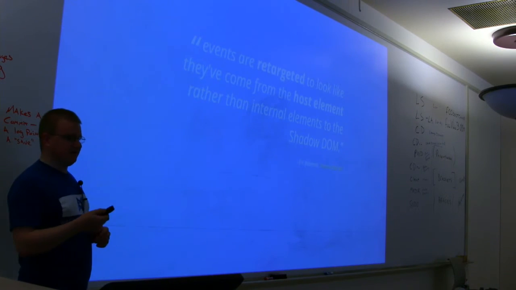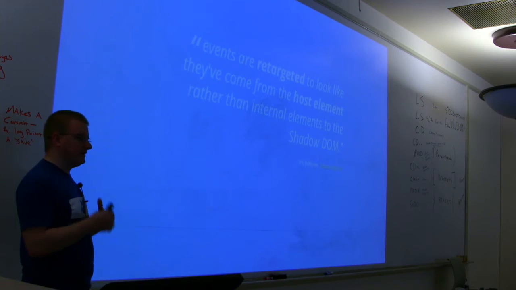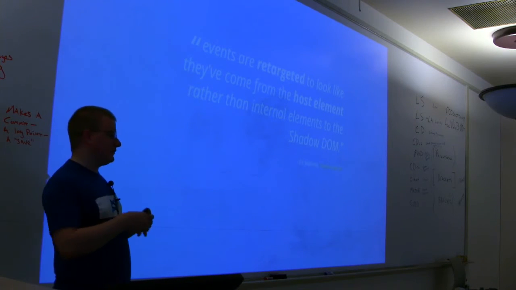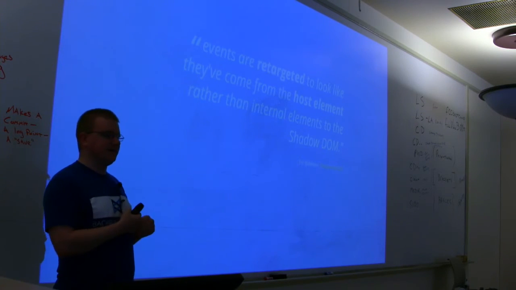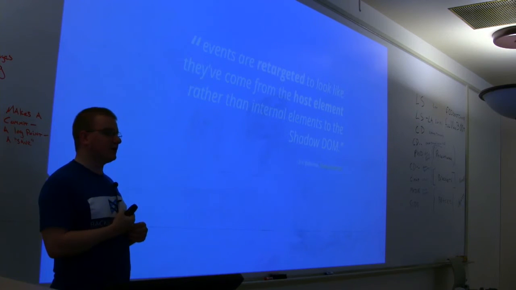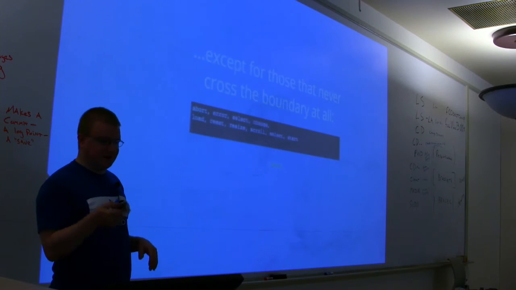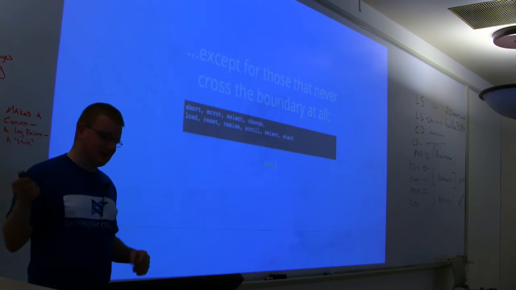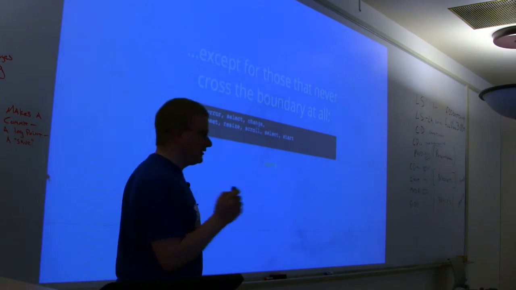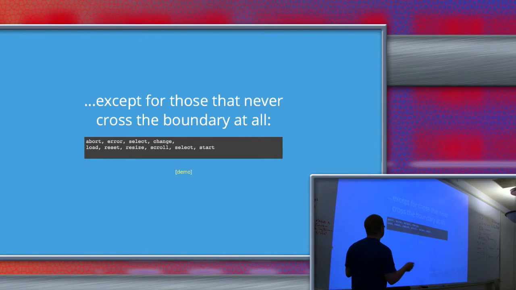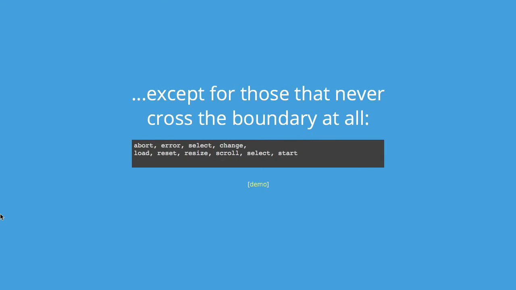And so that means that if you have a particular event, from the outside looking in, it looks like your web component is just giving off that event. You don't need to know the internals of how that component works to be able to listen to that event. There's an exception, as there always is, and that's that there are some events that never cross the shadow boundary at all. Abort, error, select, change, load, reset, resize, scroll, select, start.